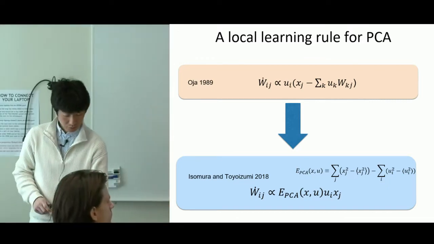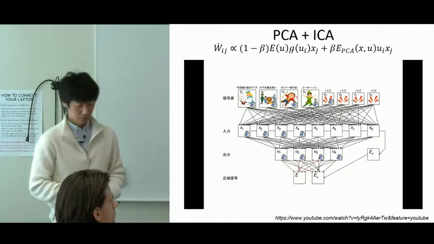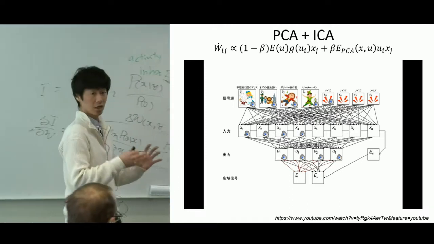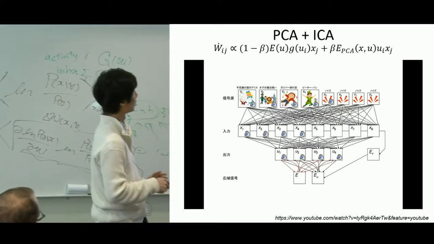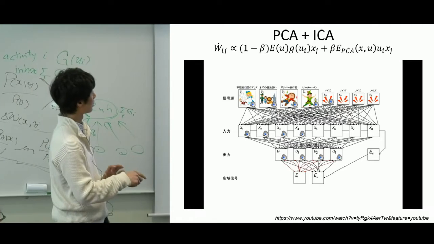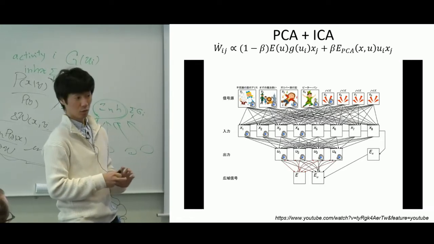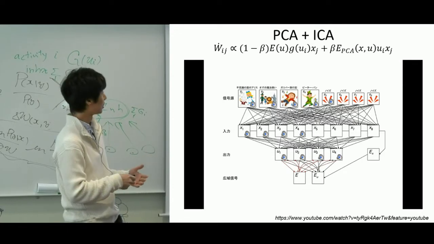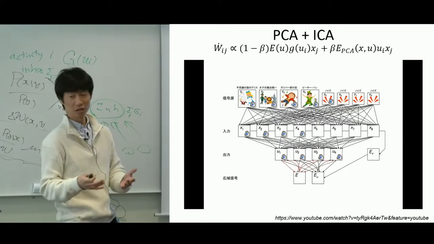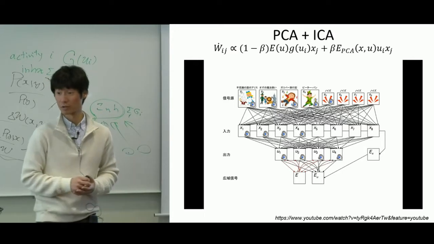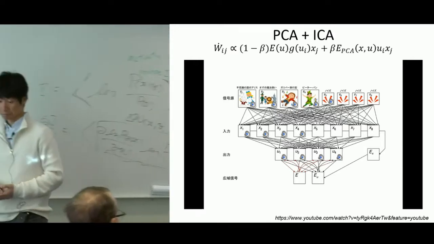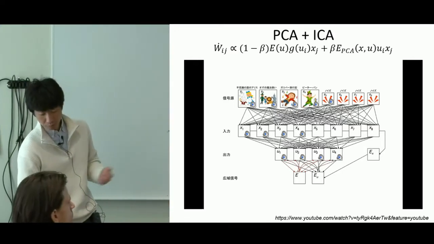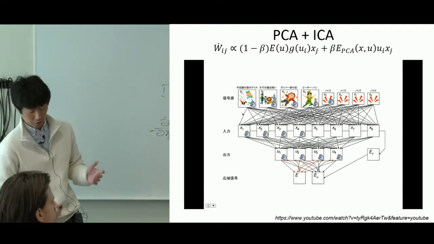So with this, we can implement both PCA and ICA in a network just by, let's say, simple superposition, or if the learning rate is slow enough, you can implement, let's say, PCA in daytime, ICA in nighttime, something like this. And by combining them, you can separate sources.